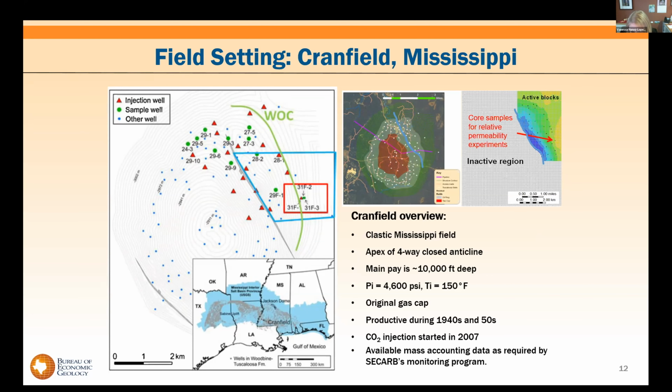It's a clastic reservoir that is a very nice, textbook apex of an anticline. The reservoir produced mostly oil with some gas from a gas cap in the 1940s and 1950s, and then it remained inactive until 2007 when the current owner, Denbury Resources, started EOR operations.